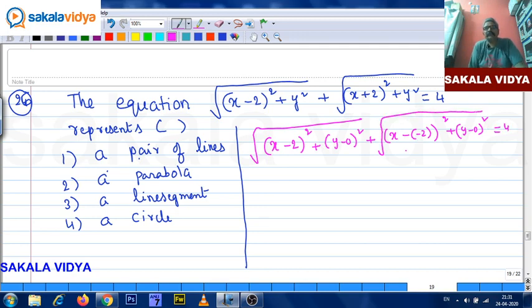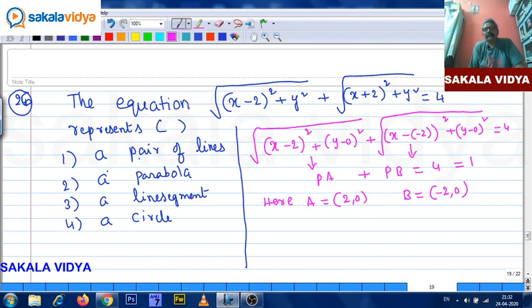So this is nothing but the distance from (x,y) to point B. That means PA plus PB equal to 4. Here A is the point (2,0), B point will be (-2,0).